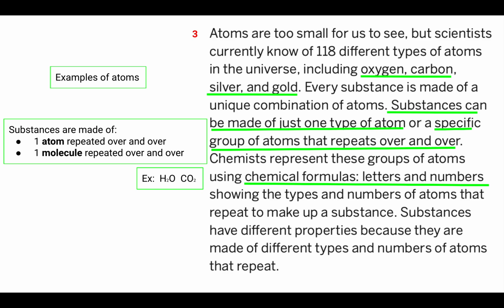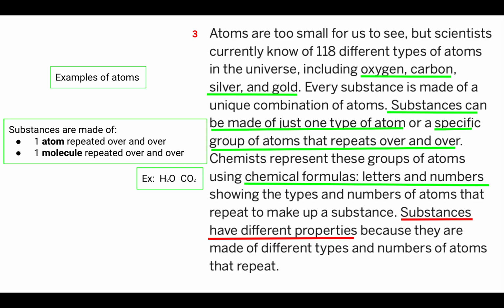Substances have different properties because they're made of different types and numbers of atoms that repeat. So I am underlining this in red because it answers my investigation question. Remember, we were wondering, why do different substances have different properties?